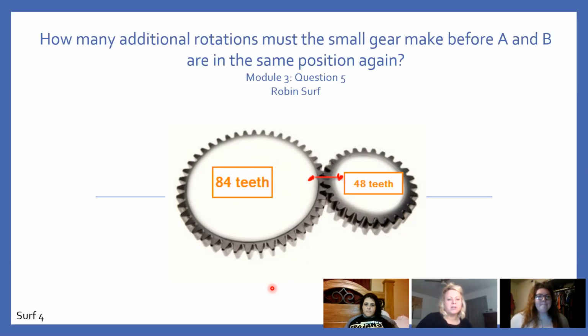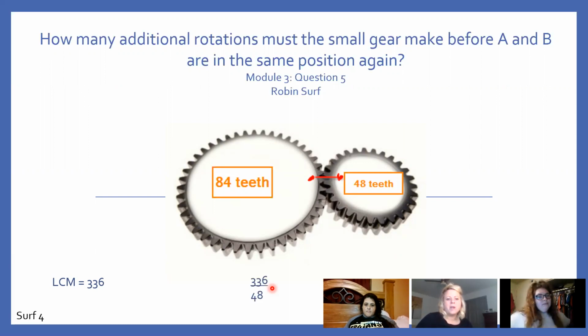So let's go ahead and look at the first step. The first step is to find the least common multiple of 84 and 48. If you make a diagram like we discussed earlier, you can find this number and it comes to 336.